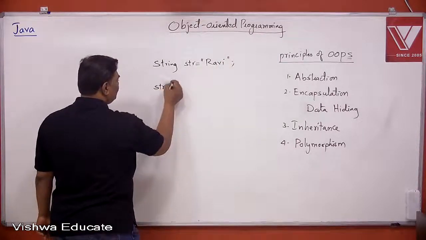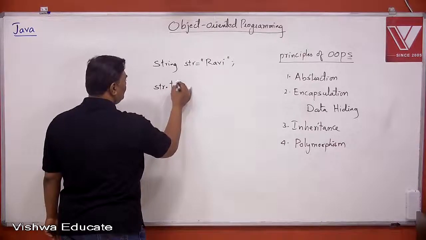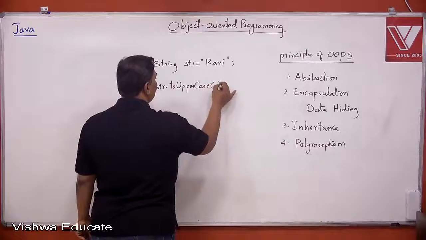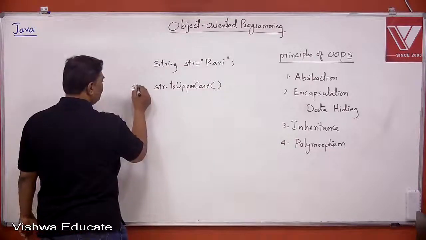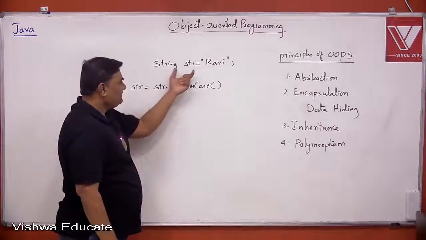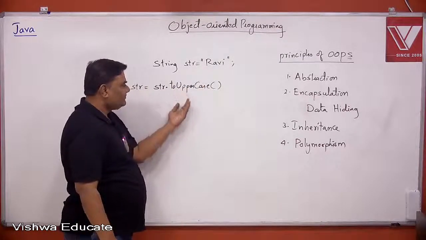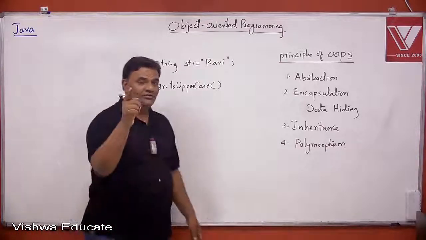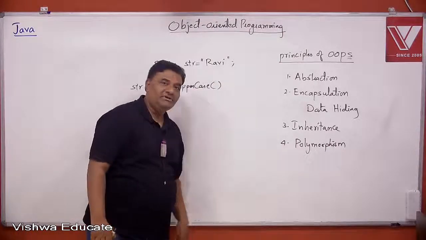str.toUpperCase(). Do you remember this? The string Ravi is converted to uppercase and we get a new string. Do you know how it is converting into uppercase?